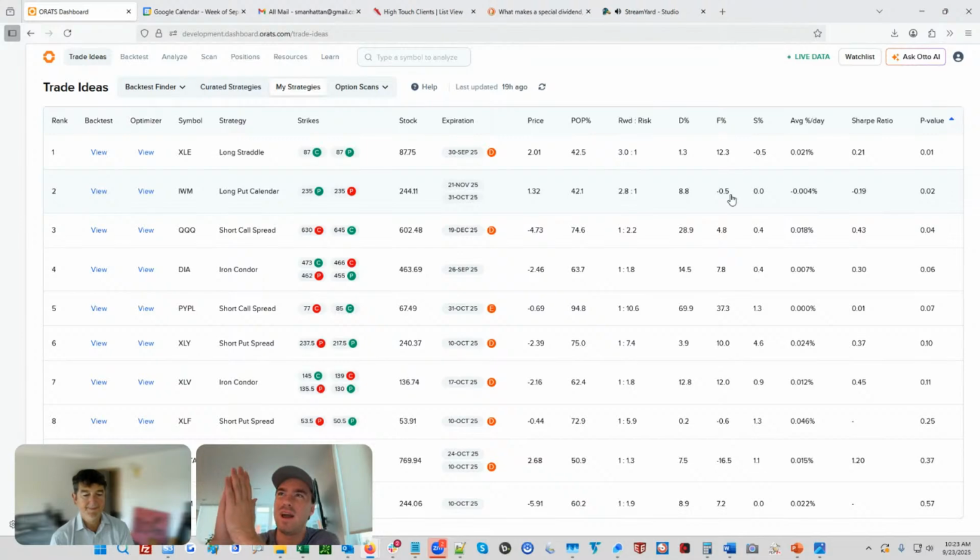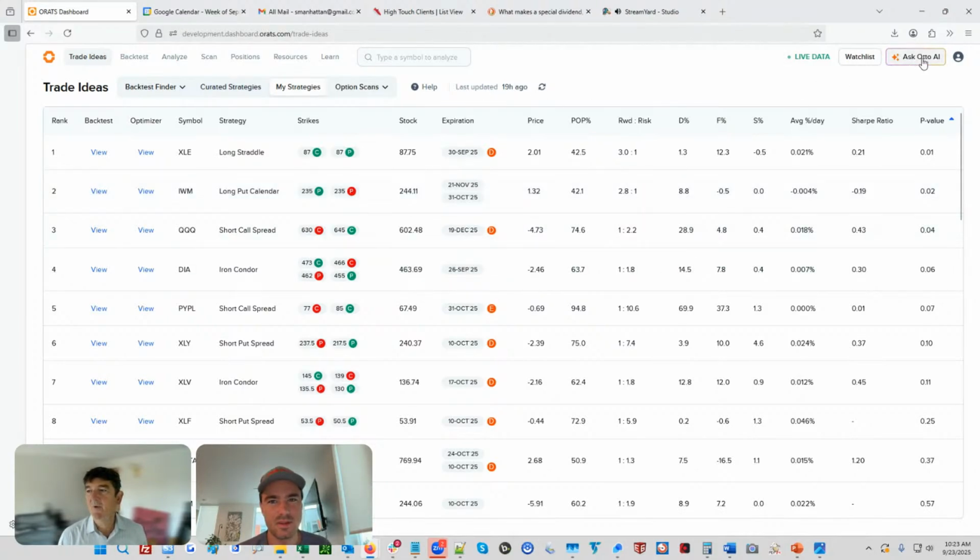So it's combining the backtest finder methodologies with the p-value and permutation testing of the optimizer with ORATS proprietary indicators and the scanning with theoretical values, and then you're getting the best trade. So it's combining three really novel approaches to finding good trades all in one.